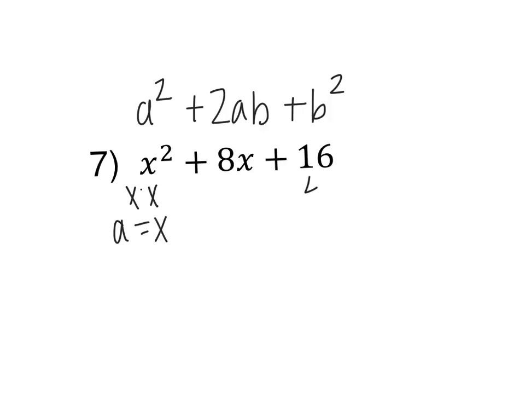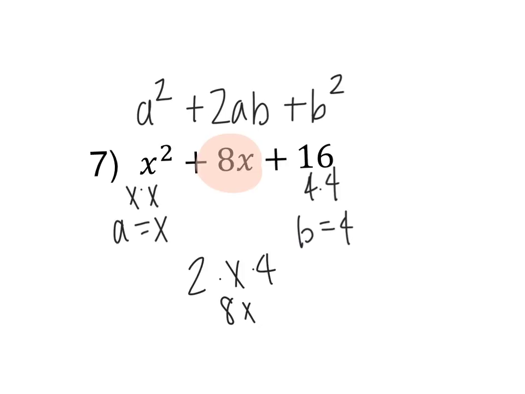B, 16 is 4 times 4, so B is 4. And this middle part here, 8x, well, 8x is the same thing as 2 times A, which is x, times 4, and 2 times 4 is 8x. Again, these are harder to see, and I acknowledge that. But if you can figure them out, it makes your life a lot easier.